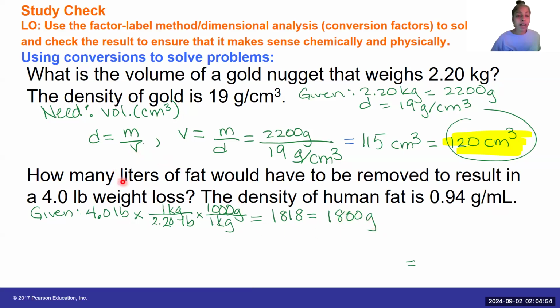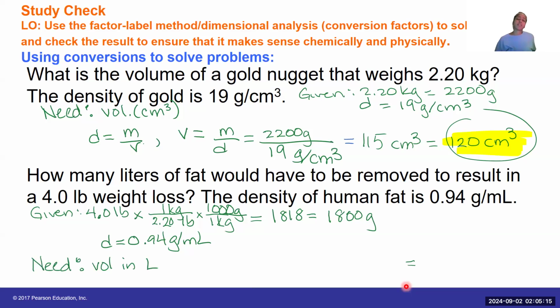But we want to know how many liters of fat will have to be removed. So this is where we're going to use our density. So our density is 0.94 grams per milliliter. Now, our question is telling us that we need our volume in liters.